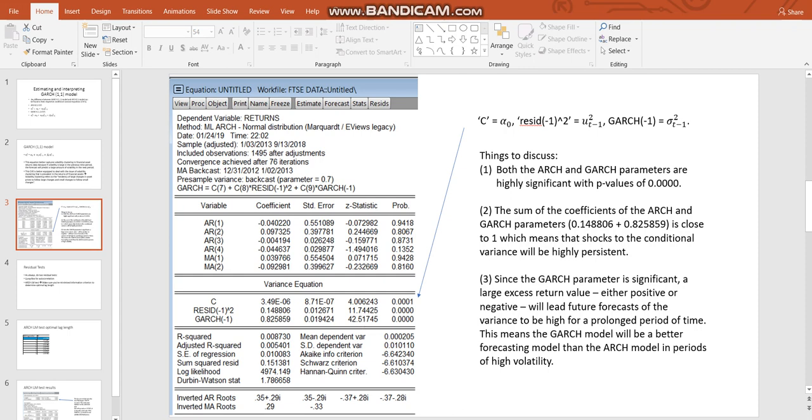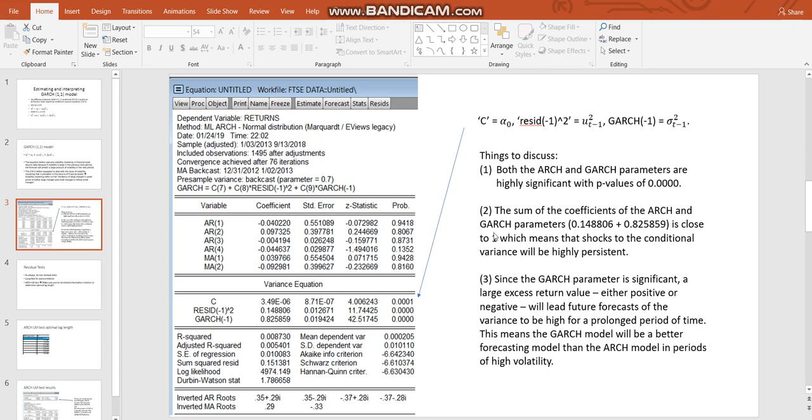So just a few things to discuss. First and foremost, just comment on your ARCH and GARCH terms being significant at the 5% level, because obviously in my case the p-values are 0.000 in both cases.